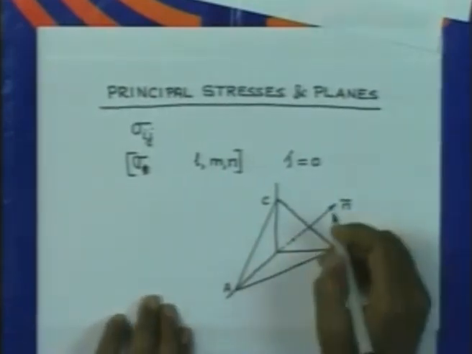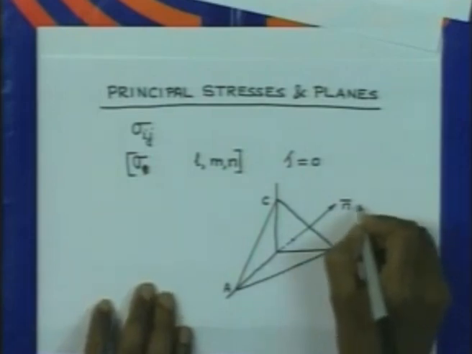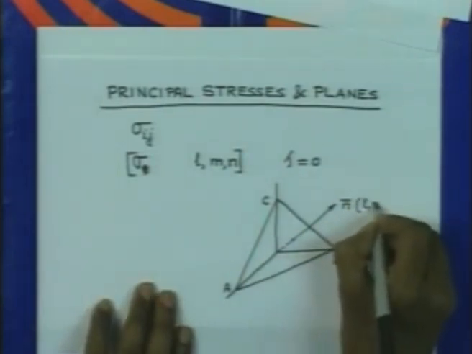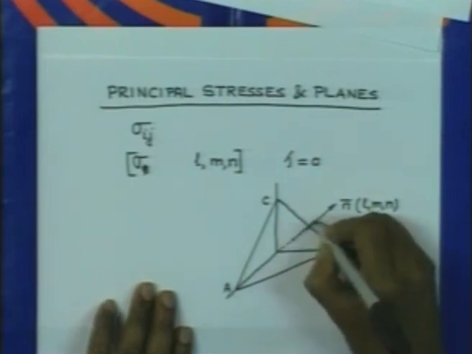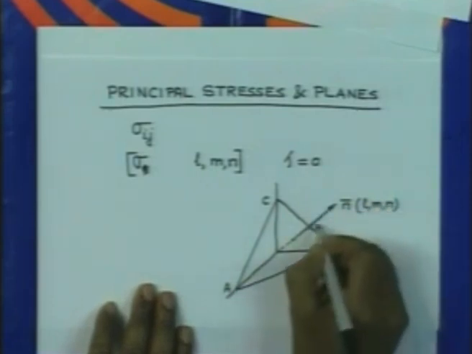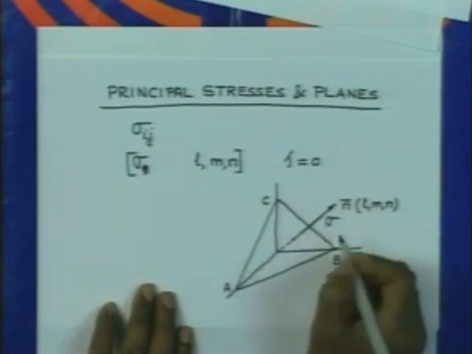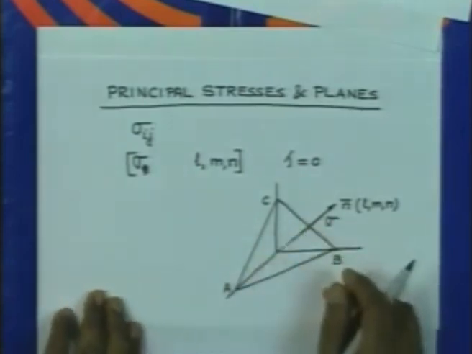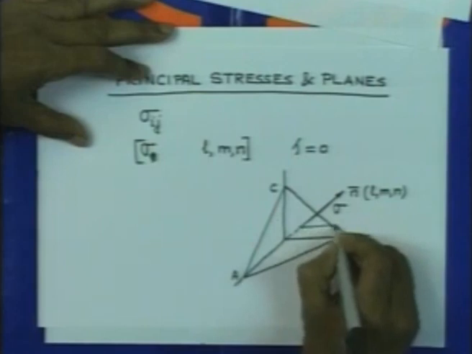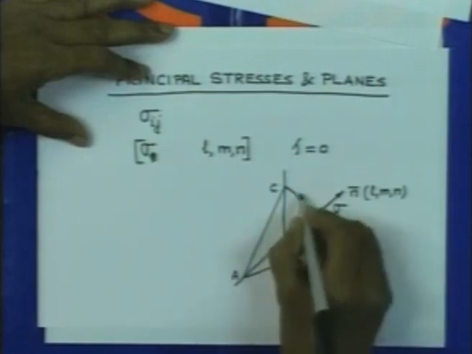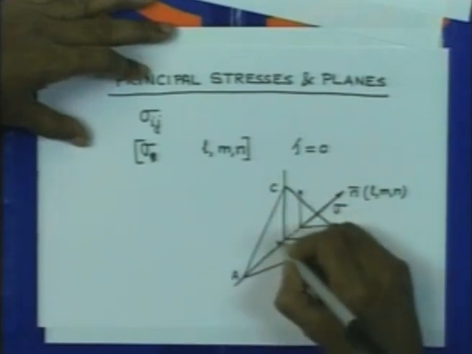Let us assume that this is the plane which has direction cosines L, M and N, and therefore on this plane we have a stress sigma acting, and this plane ABC is devoid of any shear stress. Now, if I make use of the Cauchy formula, then the traction components we can obtain. So we will write the traction components here. So these are the three traction components for this plane.